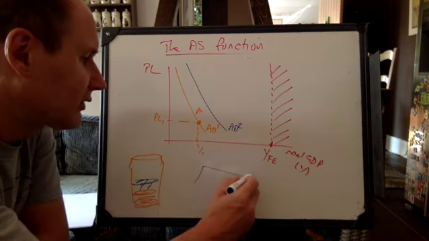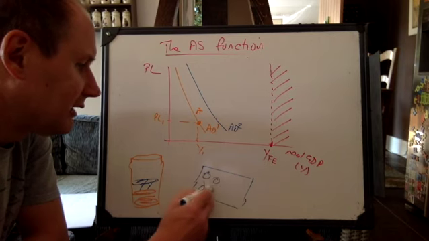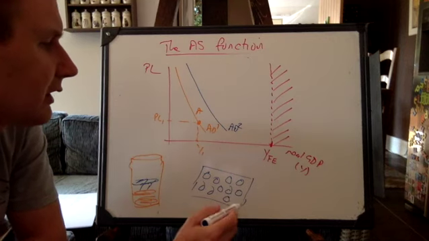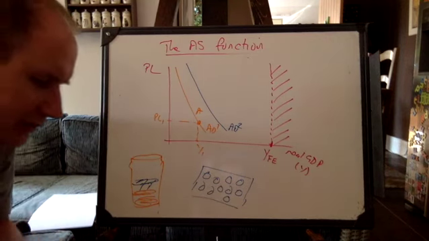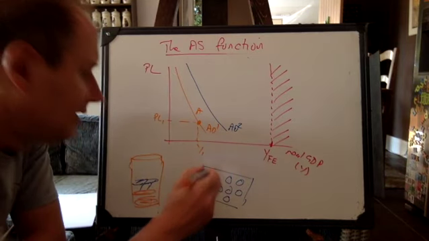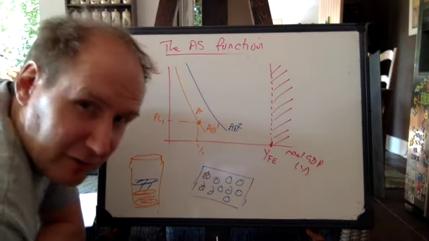Here's the floor of our restaurant, and here's its tables. At Y1, probably the restaurant only has a couple of tables being used. And then a customer comes in.